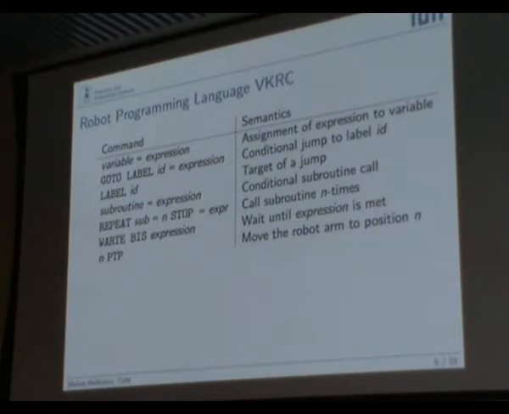So to send a message to someone, you just set a variable. Then you have a goto and a label. You have subroutine calls. These are not functions. There's not much stack in there, and they don't have parameters. So you call a function and you can give a condition if this function is called at this moment. Then you have something like a for loop, and you have a blocking wait expression.